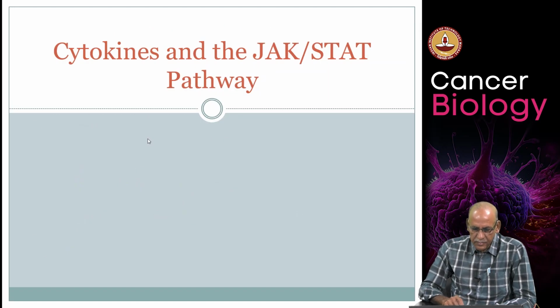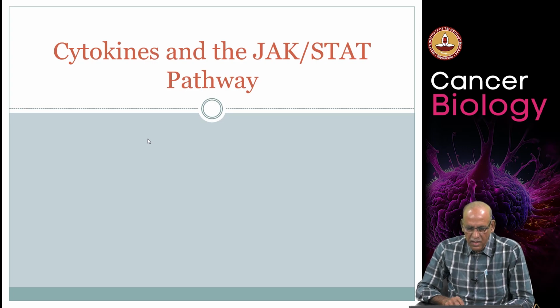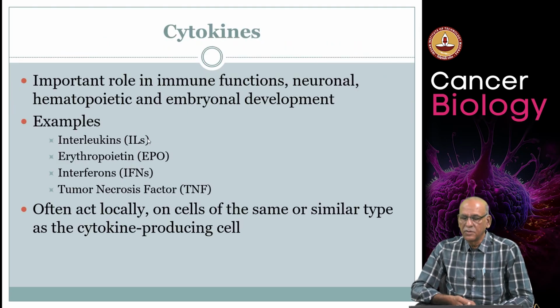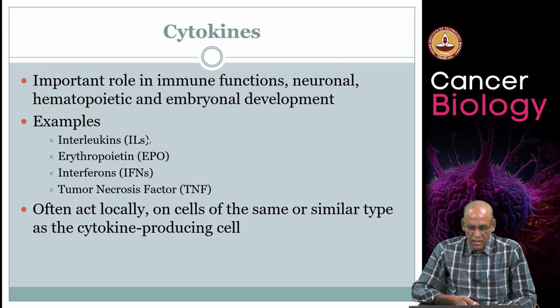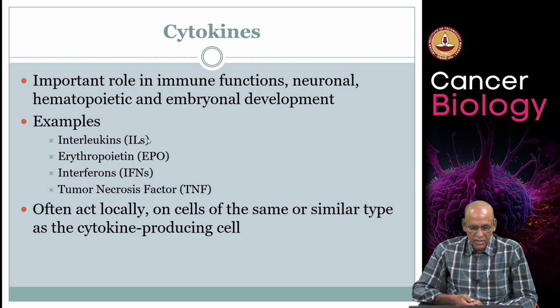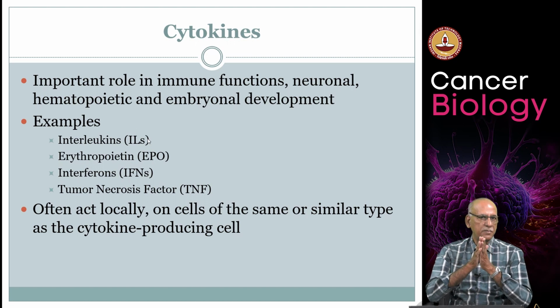Okay. The next pathway, the so-called cytokine signaling and the JAK-STAT pathway, we will look at it. The cytokines, as you know, are very important for the immune system. They have an important role in the immune system, and in neuronal, hematopoietic and embryonal development also.